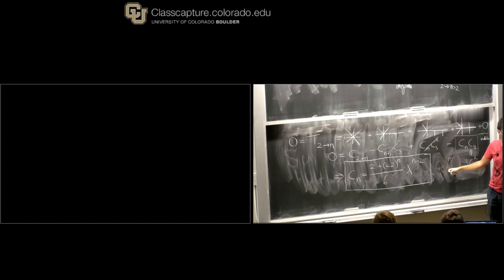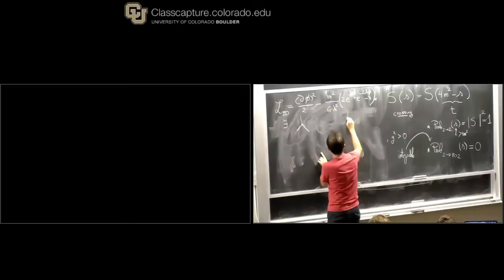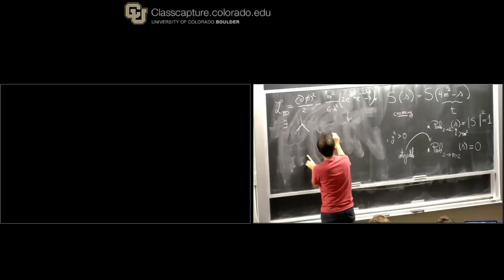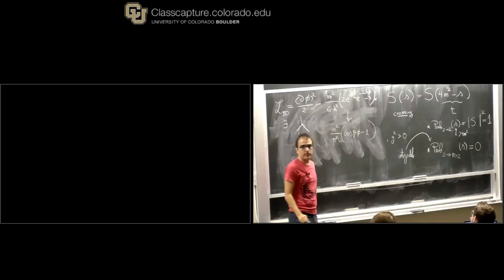I get cosine. Okay? So indeed, the potential that we end up with a Z2 symmetry is m square, let me use a different notation, over beta square, cosine of beta phi minus 1. Okay?